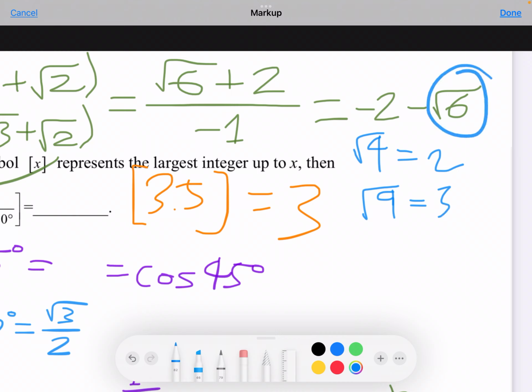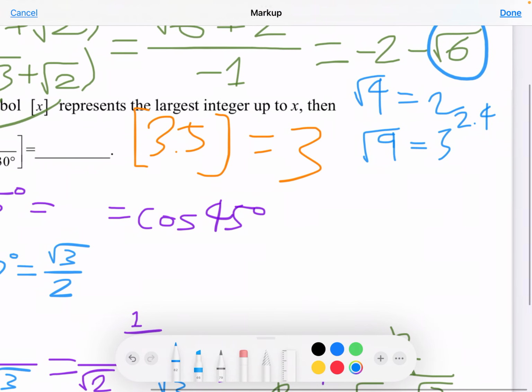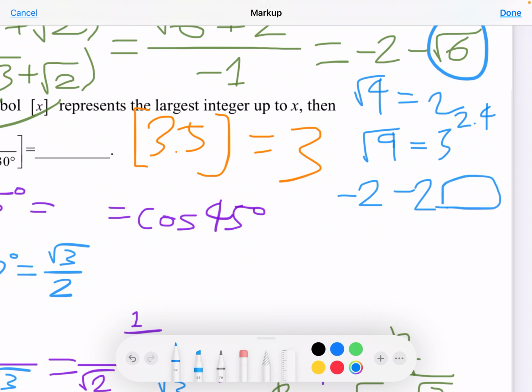Square root of 6 would be closer to 4, so maybe it's like 2.4. So in the end, it could be something like negative 2 minus 2.4, but it's just 2 point something. The something does not matter too much. In the end, we get negative 4 point something.